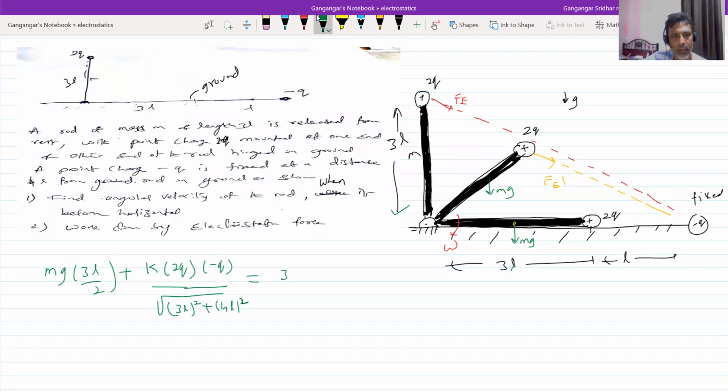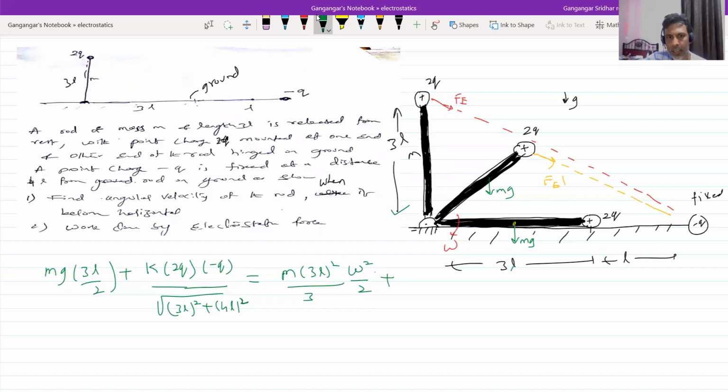Mass of the rod is how much? M. The particle also has mass, but okay, only the mass of the rod. So the moment of inertia will be M into 3L whole square by 3, and the kinetic energy is the moment of inertia times omega square by 2, plus the interaction potential energy.